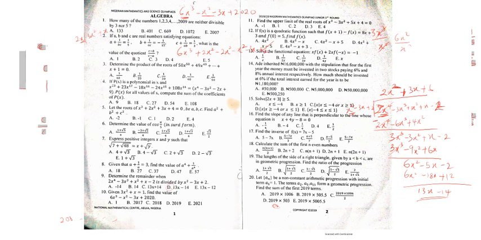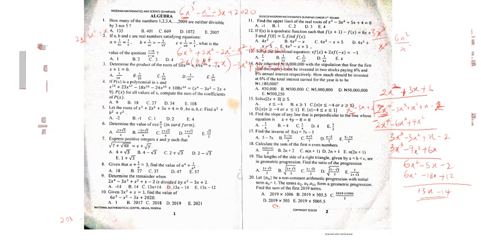Okay, so what is common here? 2x, just bring out 2x. We are left with what? 3x squared. Yes. Then if you divide this one by 2x, you have plus x. Then this one, bring them together, that will give us minus 3x squared plus 3x plus 2020.